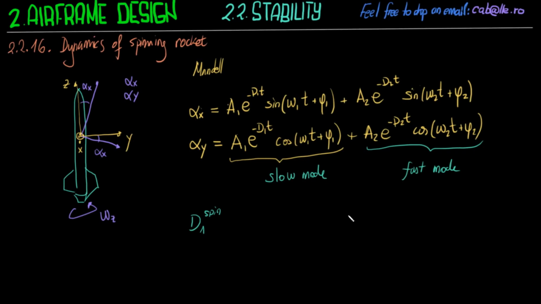How is it going to affect the dynamics of a rocket? Well, let's just plot alpha x against t. If we had a non-spinning rocket and it found a perturbation, maybe a step input, it would respond like this.